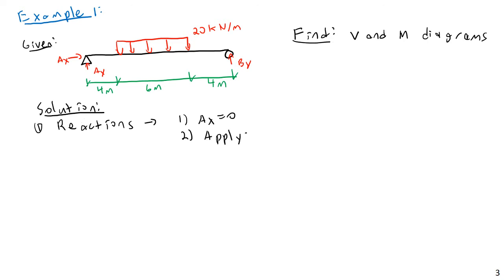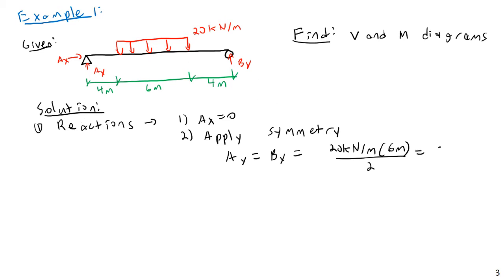Both the geometry and the load are symmetric. So I can say that AY must equal BY, which must equal 20 kilonewtons per meter times 6 meters divided by 2. This is symmetric, so therefore AY must equal BY, and therefore these must equal 60 newtons upward.